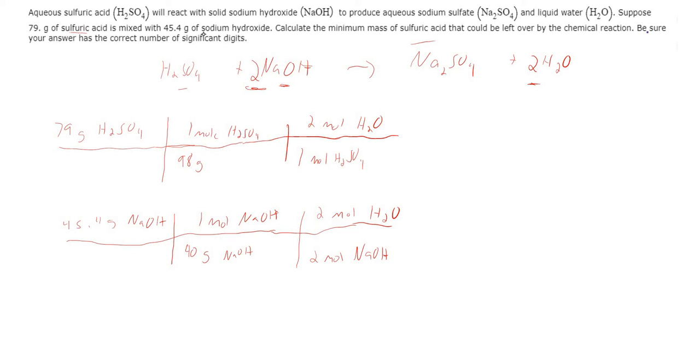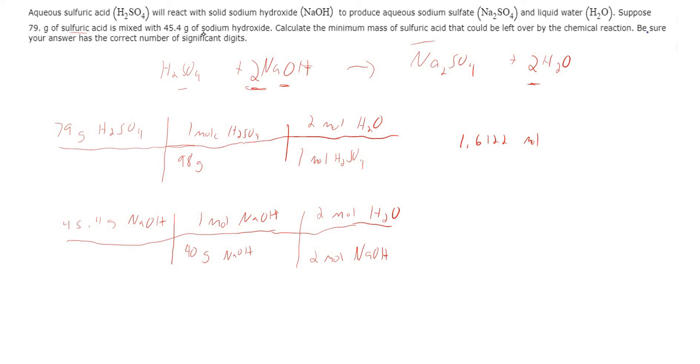And if this is one where we're calculating how much of a reactant is left over, we can stop at moles. And so let me get out my calculator. I have 79 divided by 98 times 2 equals 1.6122 moles. We'll just go to that many decimal places right now.